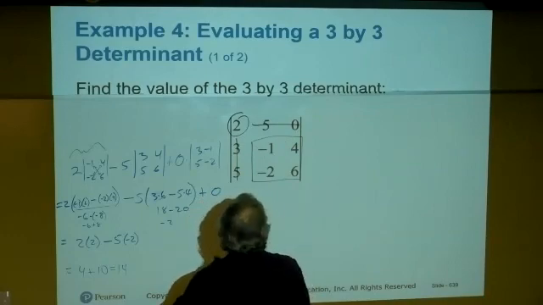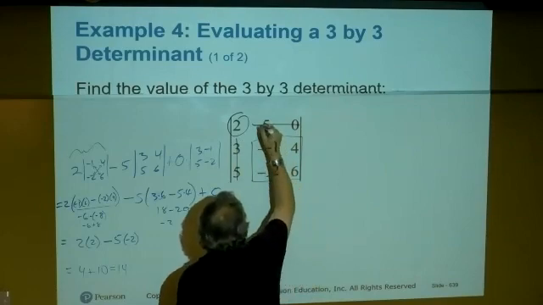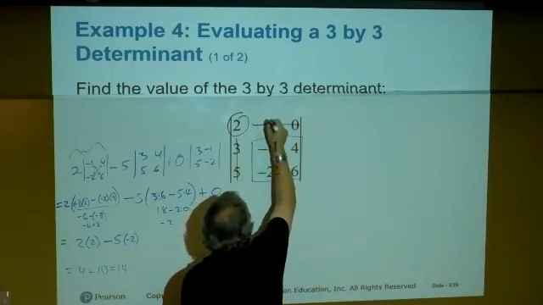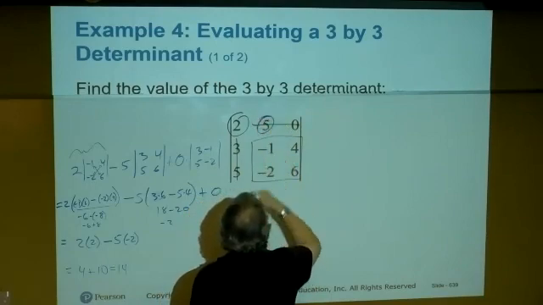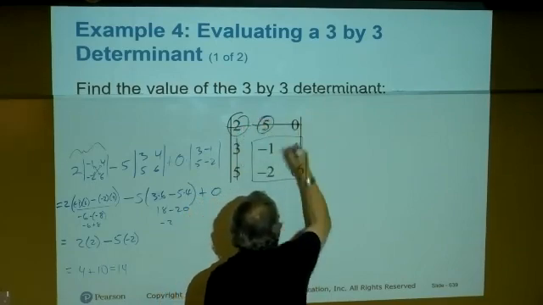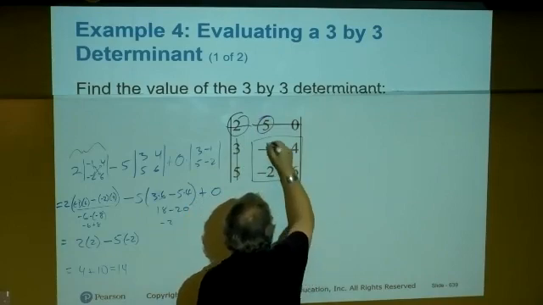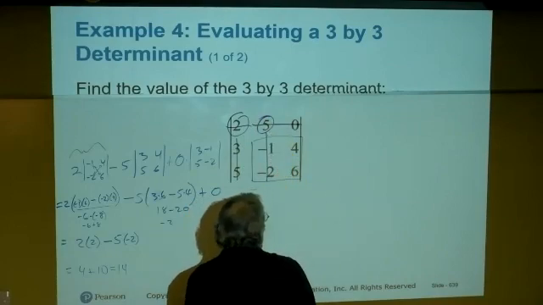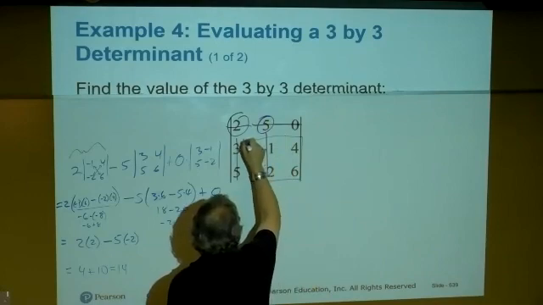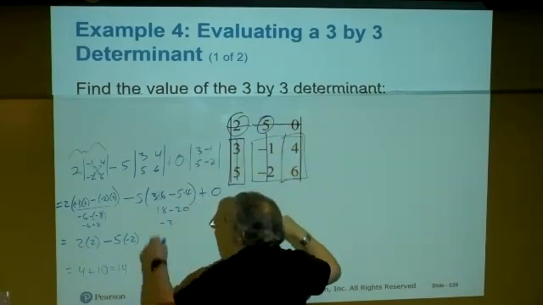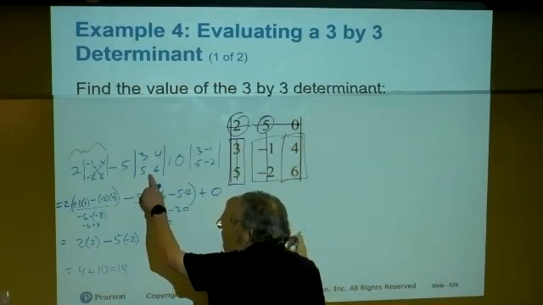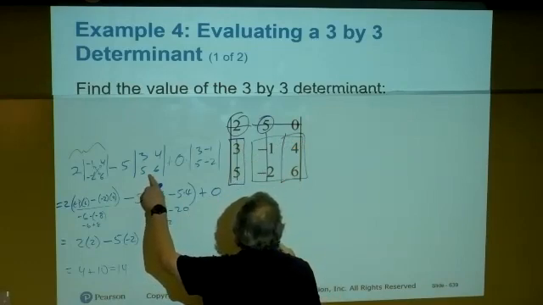The next one, I'm going to take the 5 and ignore the other numbers in that column, in that row, and then I ignore this column, and I'm going to take these numbers for the matrix here that I'm going to find the determinant of.